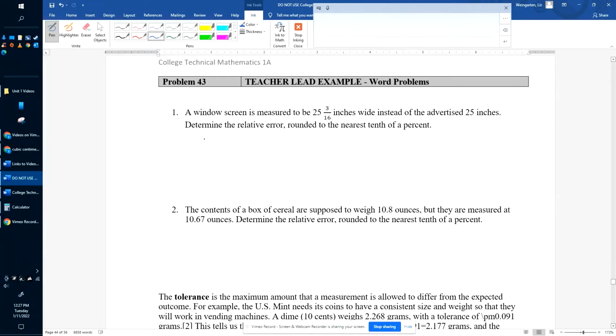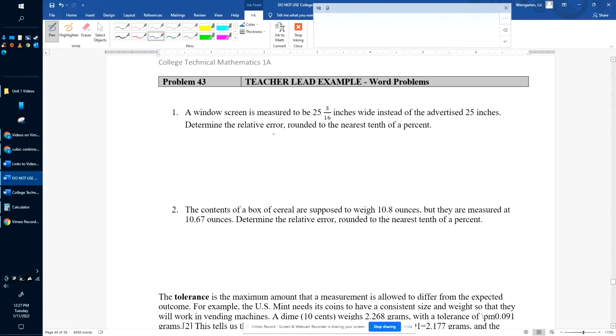So let's take a look at this. A window screen is measured to be 25 and 3/16 inches wide instead of the advertised 25 inches. Determine the relative error and round to the nearest 0.1%. So it's bigger.